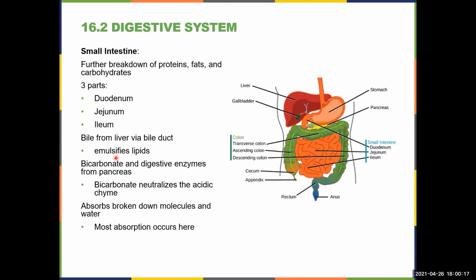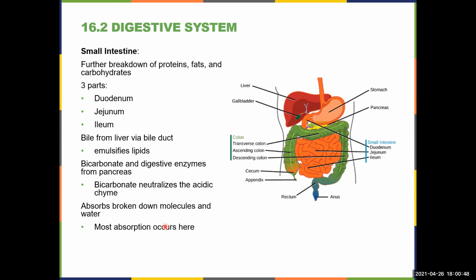So they're basically broken down into their fatty acid tails and their glycerol heads, moved across the cellular membrane into the cell where they're then reassembled into triglycerides. And so the small intestine is where a lot of that digestion happens and where the absorption of the broken down molecules and the water occurs. So most of that absorption occurs throughout the small intestine.